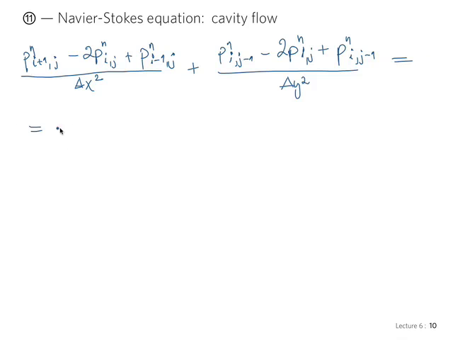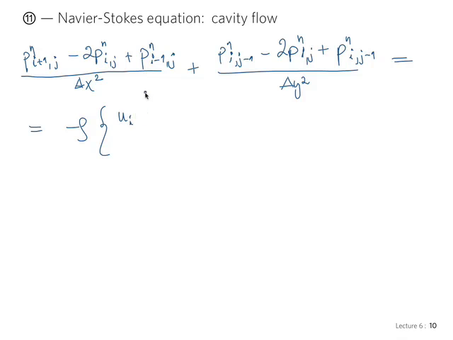And minus rho, we're going to use center difference for these partials of the velocity that appear here. So let's write u.